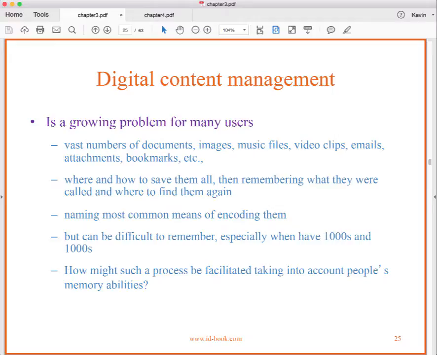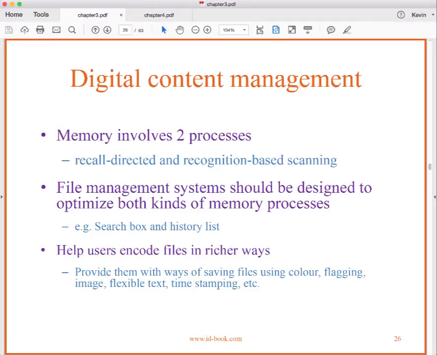How might such a process be facilitated taking into account people's memory abilities? Well, you see, that's when we start to take some of the theory and we start to apply it to how we might design the user interface. Okay?